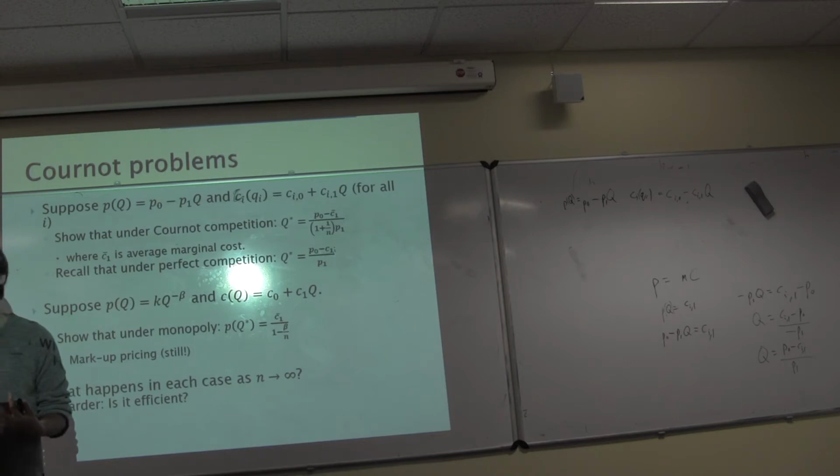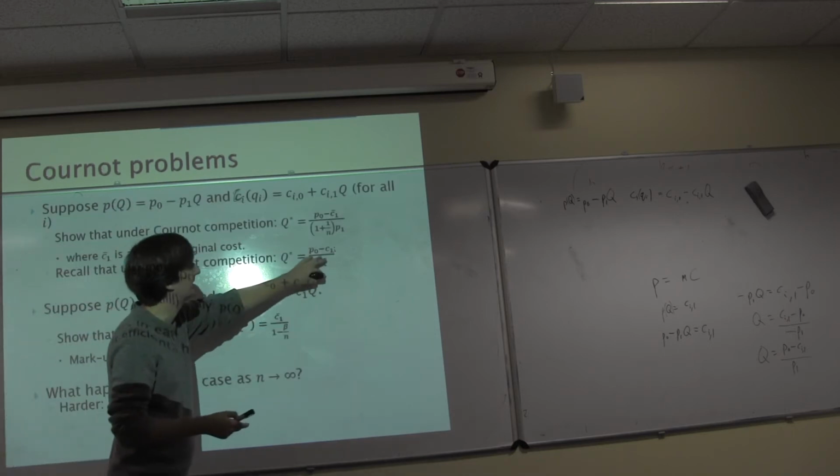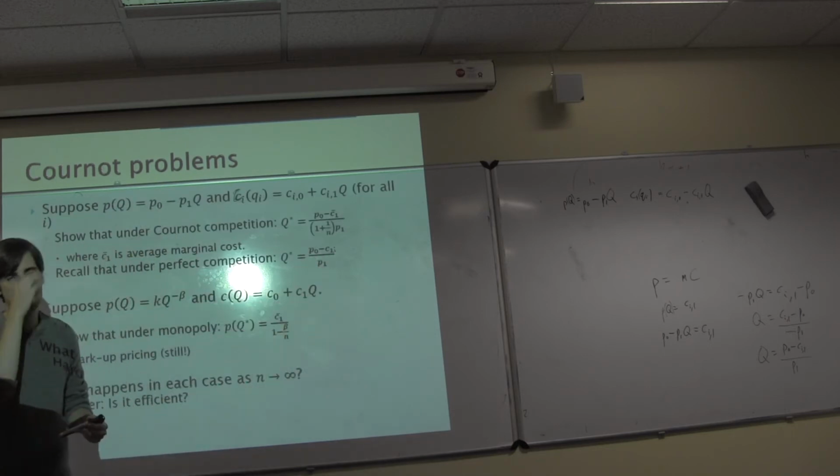Think of perfect competition as Bertrand competition when everything works properly. So under perfect competition, everyone with high marginal costs leaves the market, and you're only left with the firms with the lowest marginal cost.